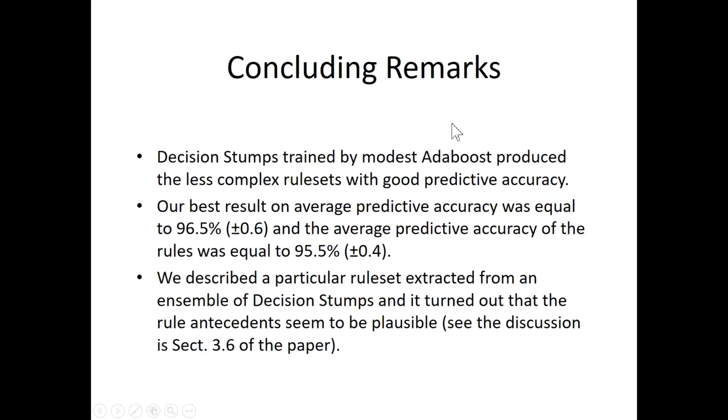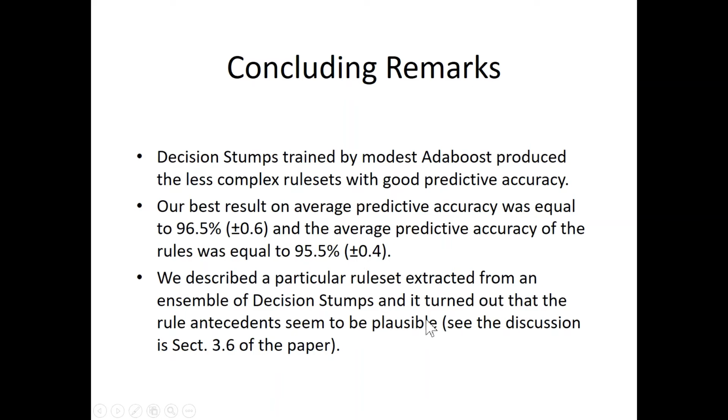Okay. So decision stumps trained by modest AdaBoost produce the least complex rule set with good predictive accuracy. Our best result on average predictive accuracy was equal to 96.5%, and the average predictive accuracy of the rules was equal to 95.5. This was true when we consider the rules alone, without the model.